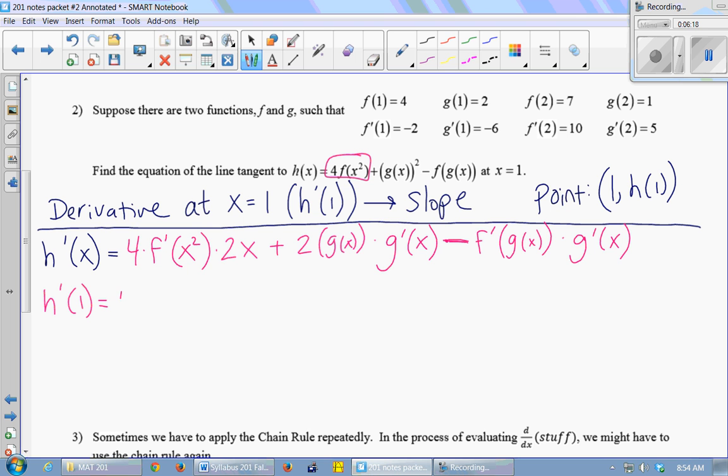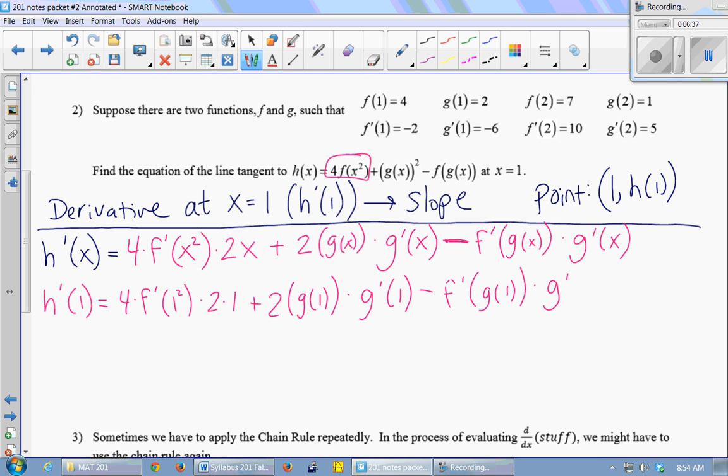So this is 4 times f prime of 1 squared times 2 times 1, 2 times g of 1 times g prime of 1 minus f prime of g of 1 times g prime of 1. So I just put in a 1 for every x there, and now I'm going to try to evaluate this thing.